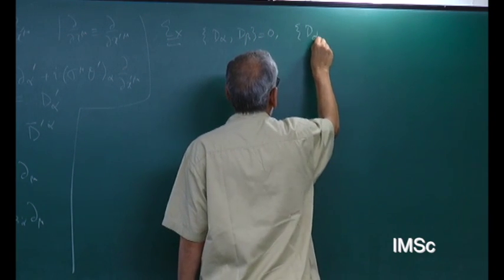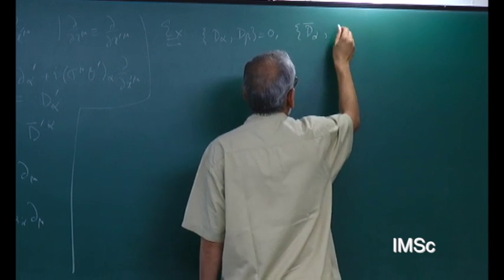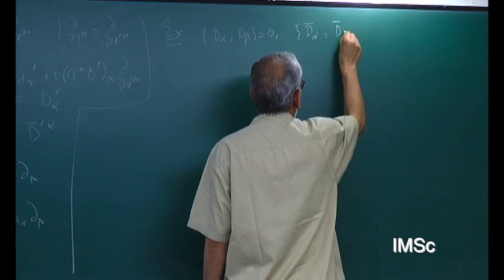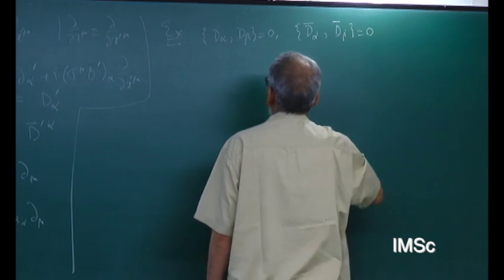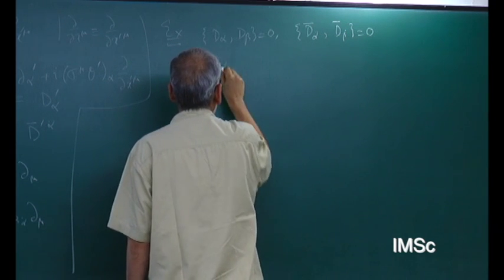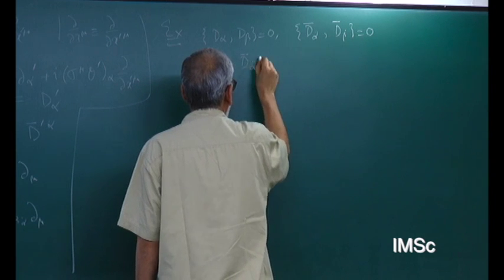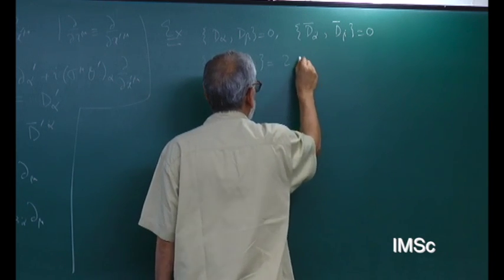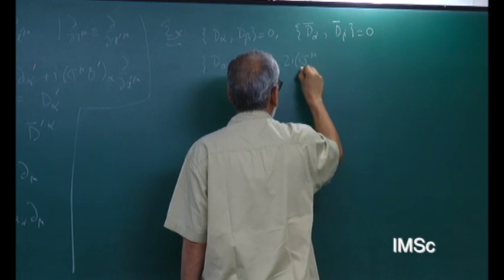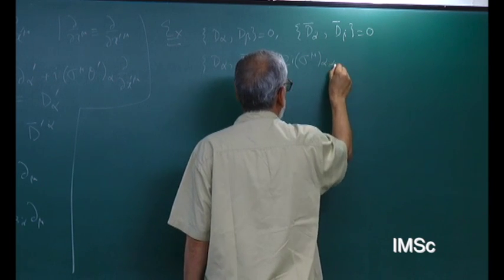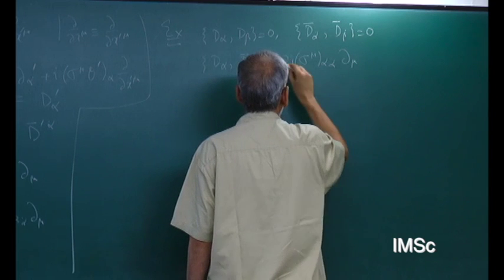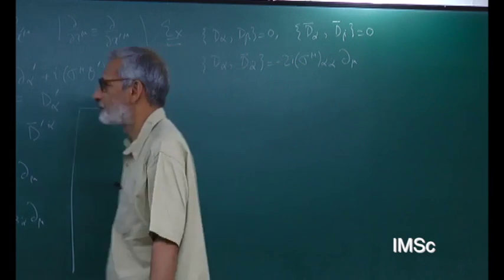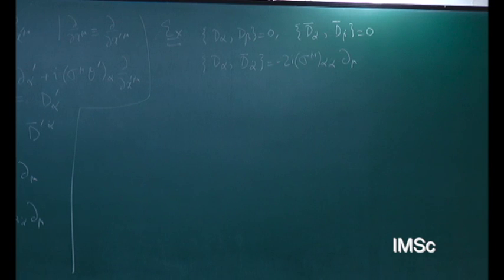Anti-commutator of d alpha dot, d bar beta dot is 0, and anti-commutator of d alpha, d bar alpha dot is minus twice i sigma mu alpha alpha dot d mu. It's a straightforward exercise, it's not very complicated.